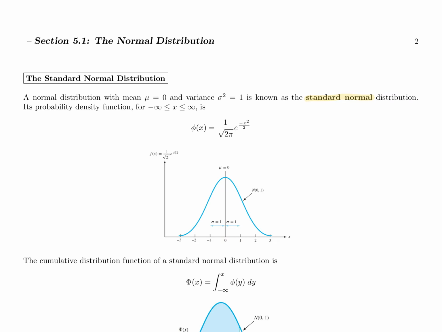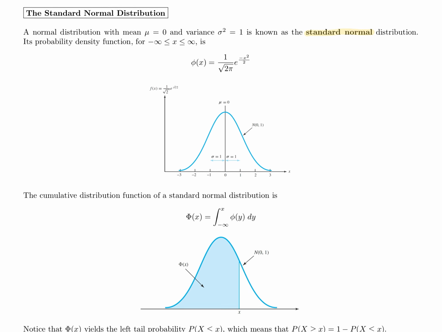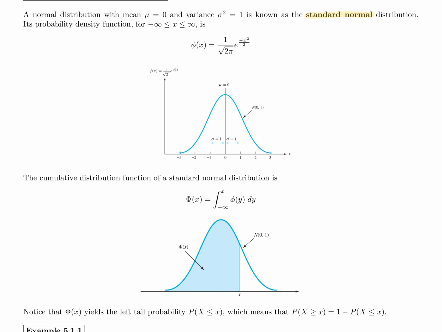And the CDF can be found in the same way that we found CDFs in the previous unit. We integrate. Not your favorite, I know, but you can follow along in this one. So the CDF of our standard normal distribution is capital phi of x, and we would find it by integrating from negative infinity to x our phi of y, which is our PDF, times dy.